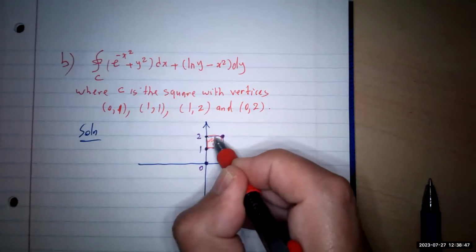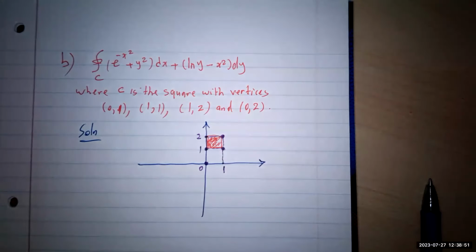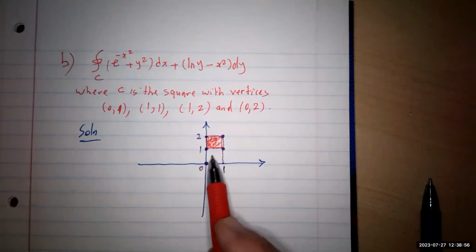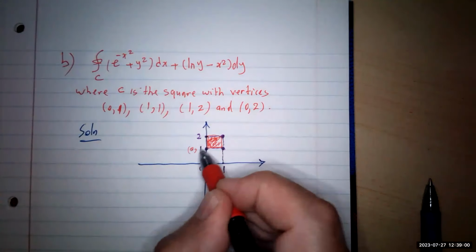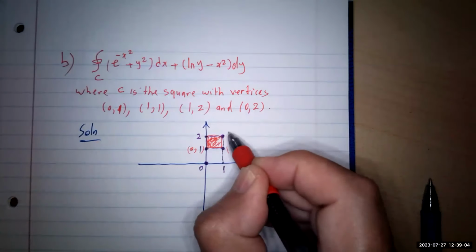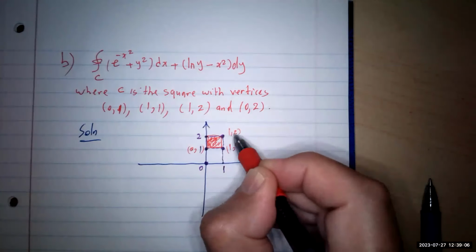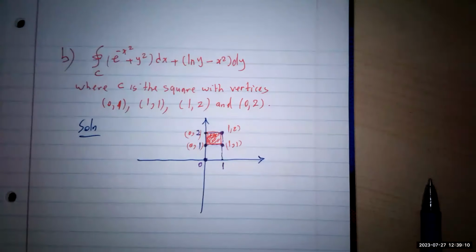This is going to be the domain that you're going to have. As you can see, these are the points that we have. This is 0, 1, this is 1, 1, this is 1, 2, and this is going to be 0, 2. So we have this view.